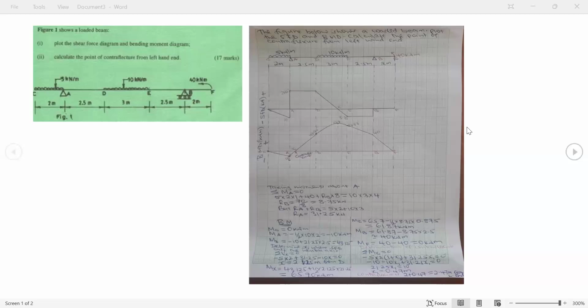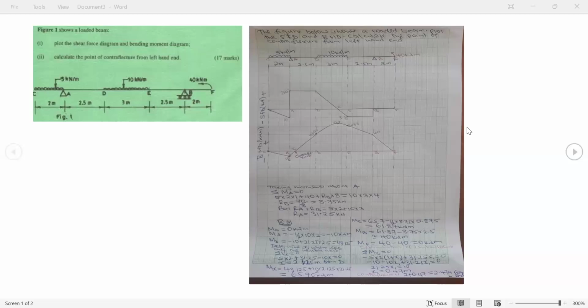Try to imagine this force of 5 kilonewton per meter, in which direction will it cause this beam to rotate? It will make the beam rotate in anti-clockwise direction. The UDL of 10 kilonewton per meter, remember hinge is at A, will make the beam rotate in clockwise manner. Then RB is acting upward, which means it will make the beam rotate in anti-clockwise manner.